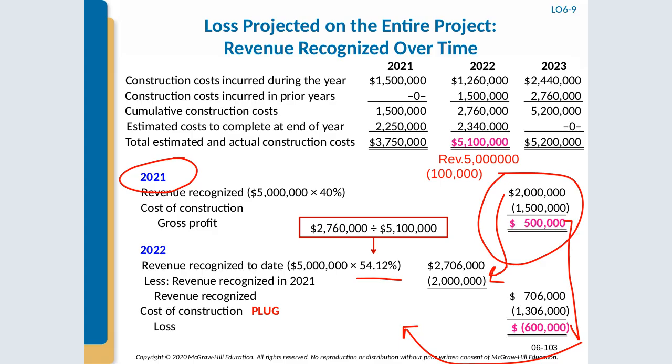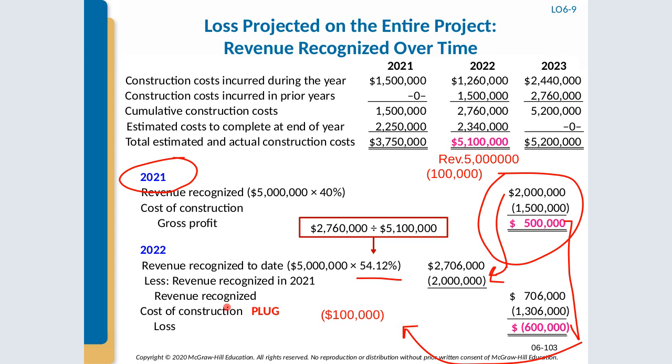I'm going to plug my expenses to make it what it needs to be. So here we are going to net 100,000. If we take a $600,000 loss and add it to the 500,000 gross profit that we reported the year prior, cumulative is going to be a loss of 100,000.